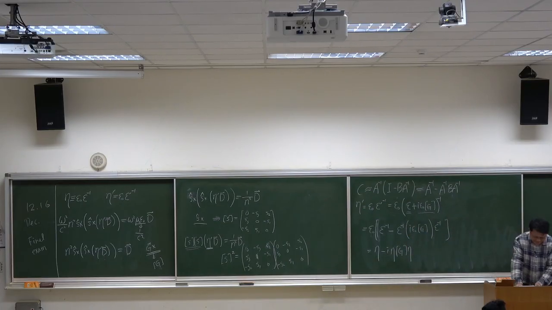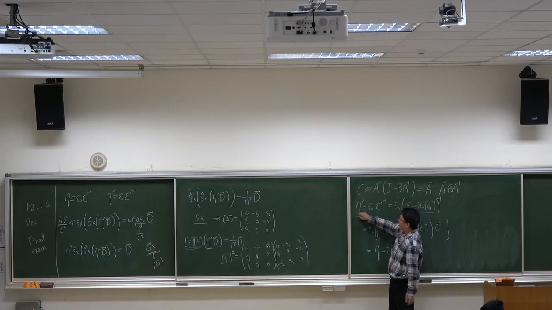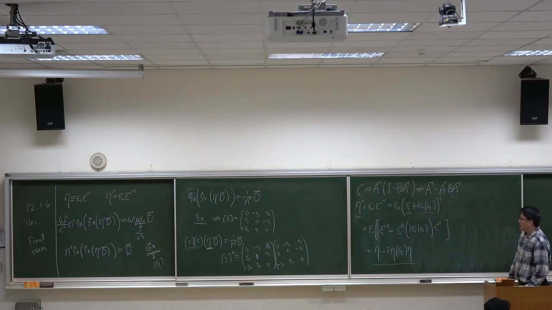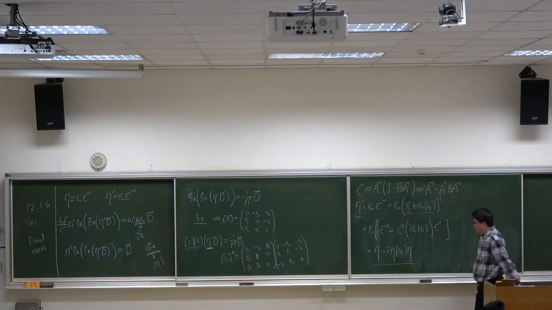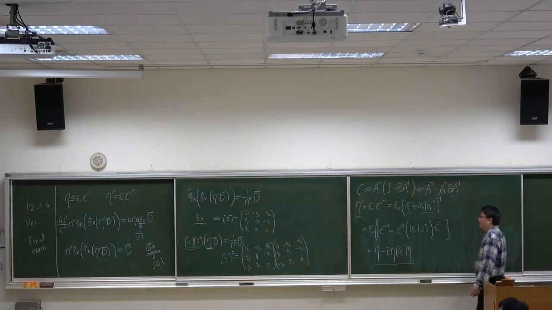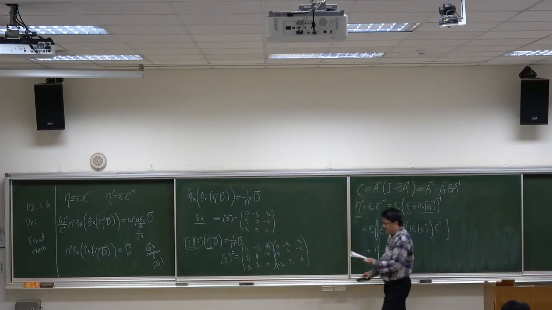So we have written out the approximation of epsilon prime. Now epsilon prime can be approximated by this expression, eta minus i eta G eta. This is the approximate expression we found, and we can now use it.